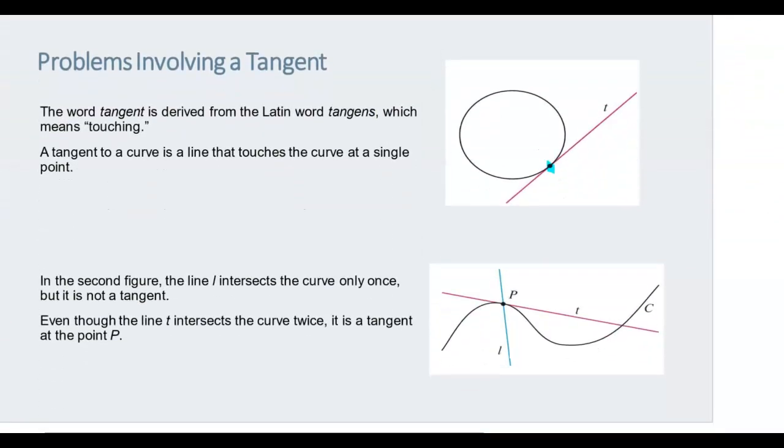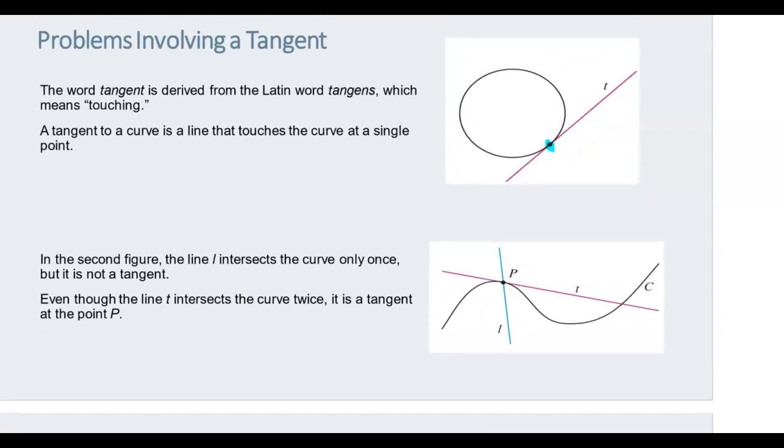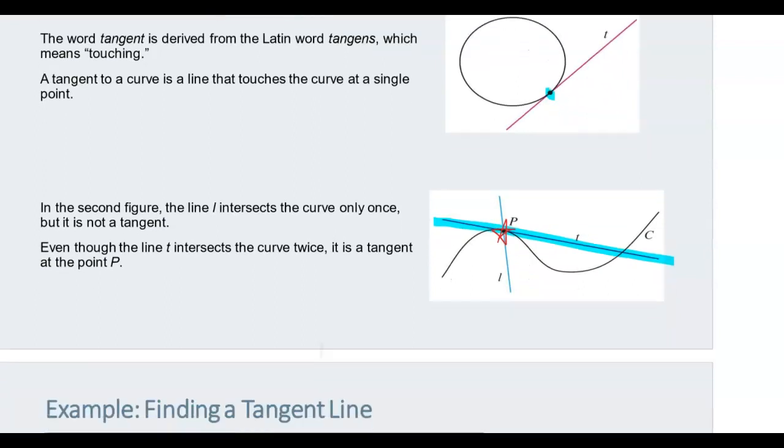So that eventually we're at a single point of intersection, which is called the tangent. In this particular first picture, we are touching the curve in only one place. In the second one, the graph is touching that particular line in multiple locations, but it still acts as a tangent because at the point P right here, it's only touching the graph at one point. So where it intersects the graph in another portion doesn't really matter. We're only looking at a particular point one at a time.